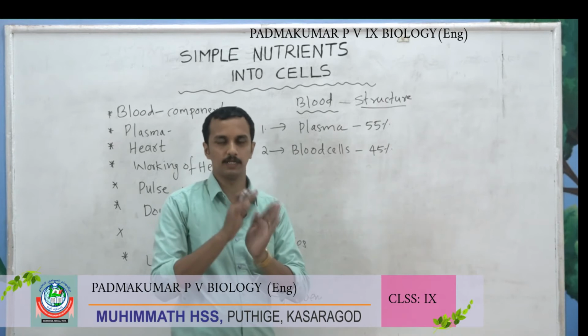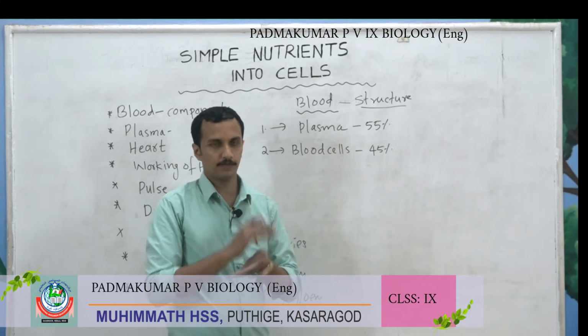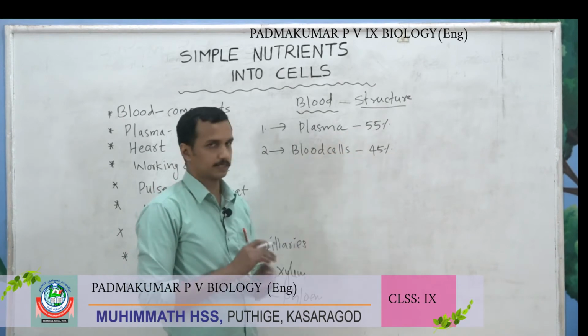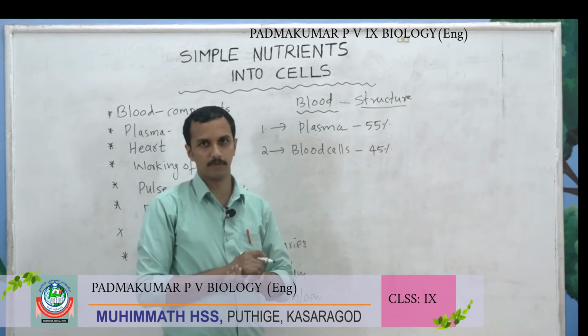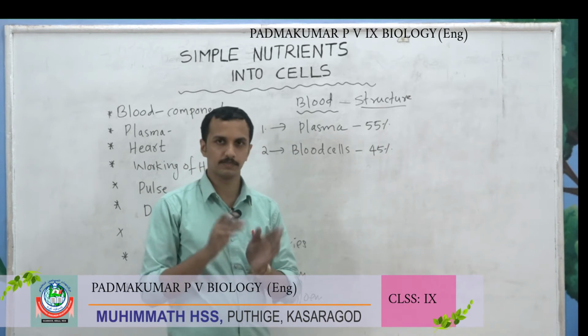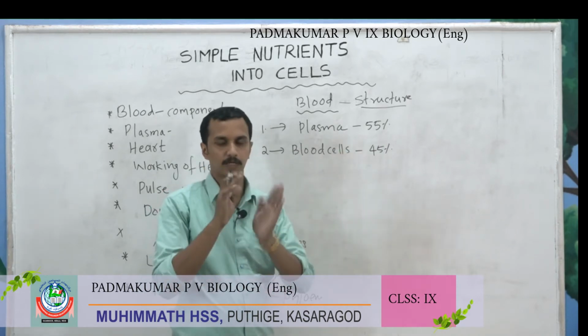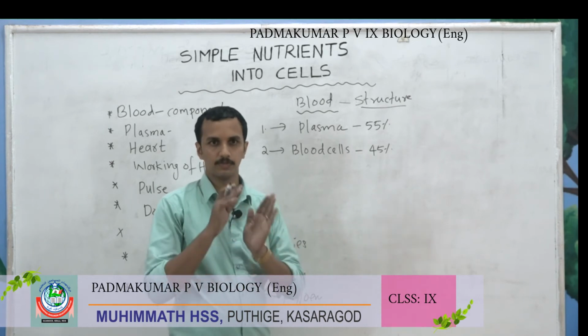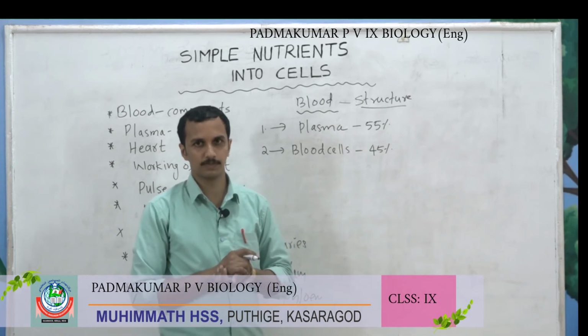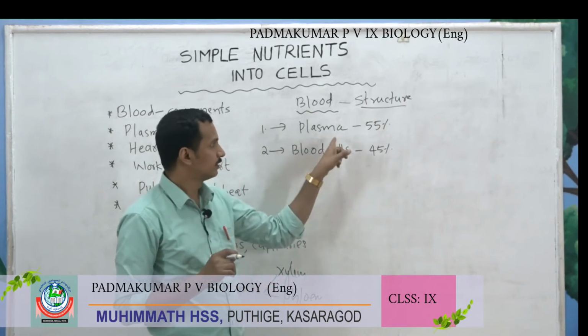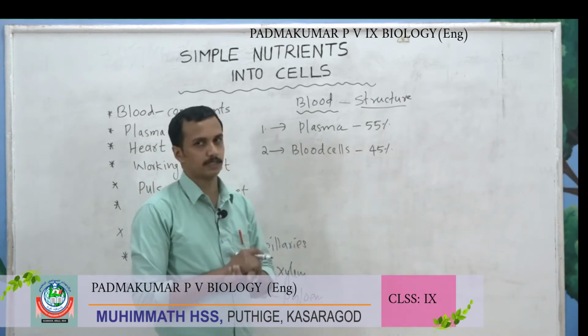But it is very difficult to identify or distinguish this plasma and blood cells in a normal blood sample. That means we cannot detect plasma and blood cells with our naked eye. So we have to do some experiment, or conduct some tests. Then only we can separate this plasma and blood cells.